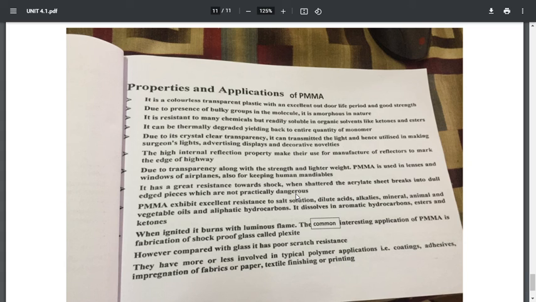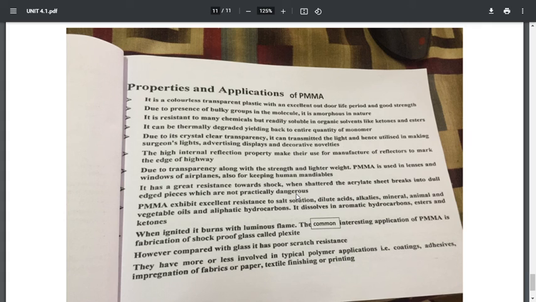When ignited, it burns with a luminous flame. Luminous flame means that it shines in the dark. Common interesting application of PMMA is fabrication of shockproof glass called flexite. However, compared with glass, it has poor scratch resistance.